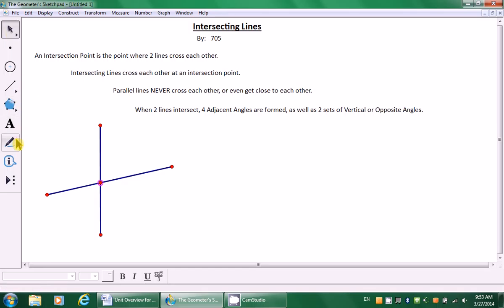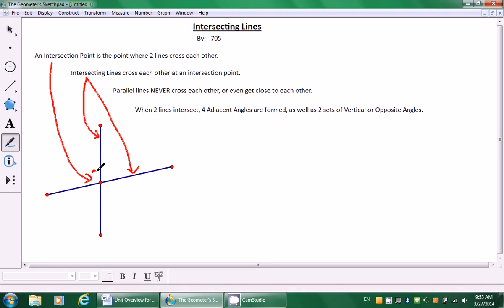So, using the marker tool, I'm going to draw an arrow to show the intersection point there. Intersecting lines, that's this line and this line. When two lines intersect, four adjacent angles are formed.